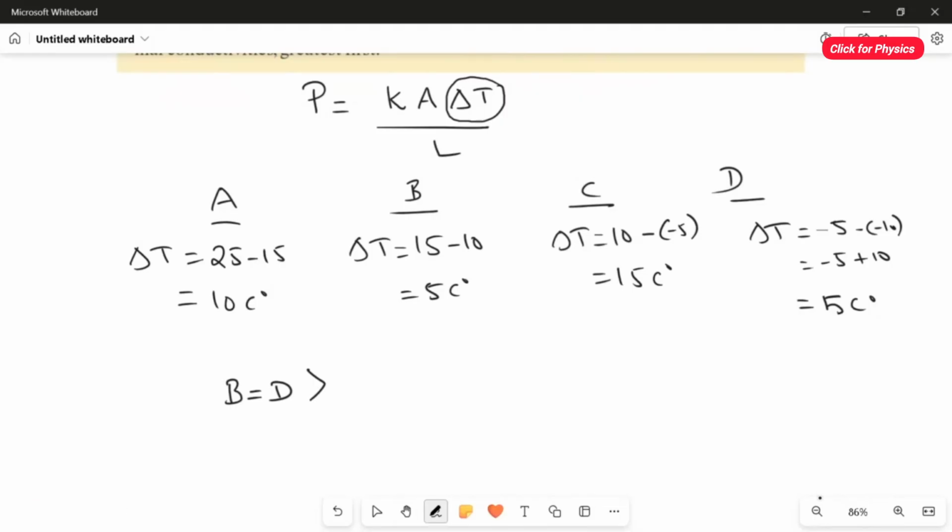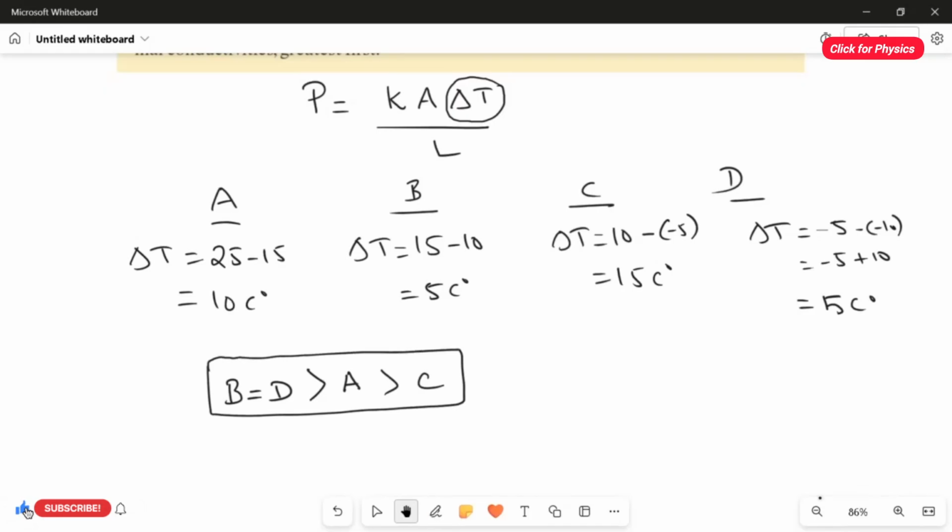Then material A has 10 Celsius degrees, so it takes the second highest place. And the last one is C, which has the greatest temperature drop, 15 Celsius degrees, so that takes the last place. This is the order of thermal conductivities from the greatest value. That's it, this is the answer for this question. Thank you.